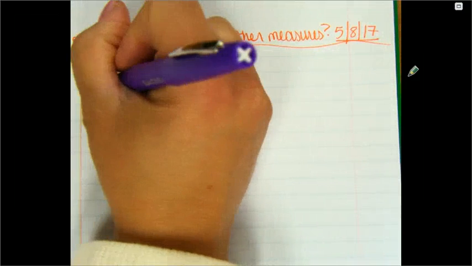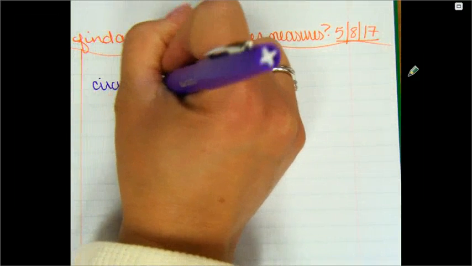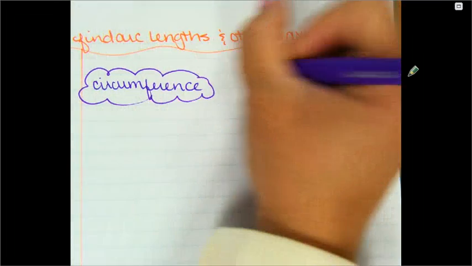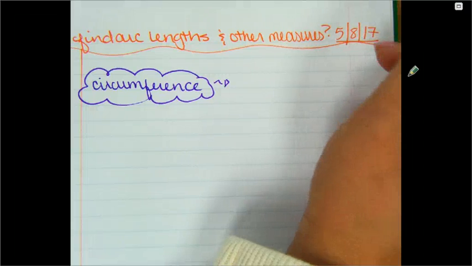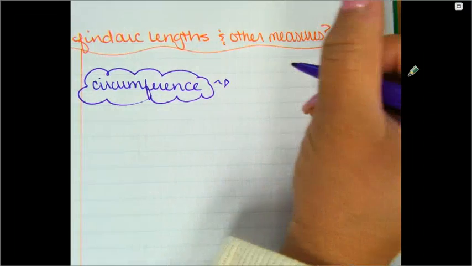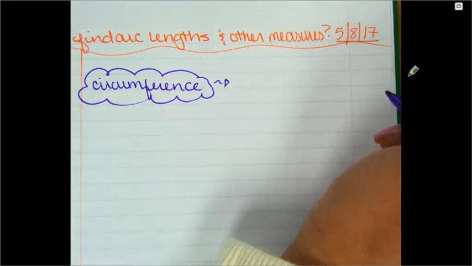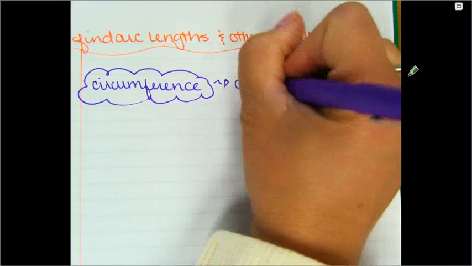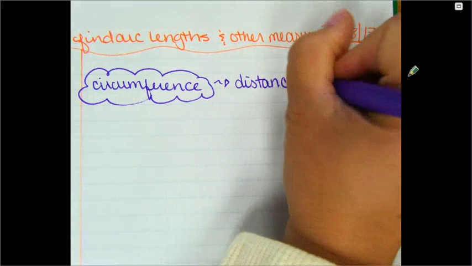Alright, let's start off with circumference. What is the definition of circumference? Isn't that completely around the circle, right? Measure the outside. It's the distance around the circle.